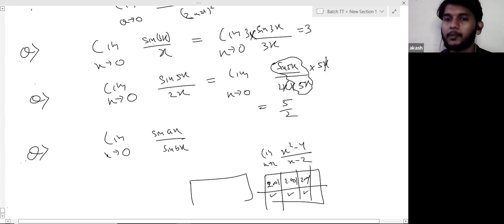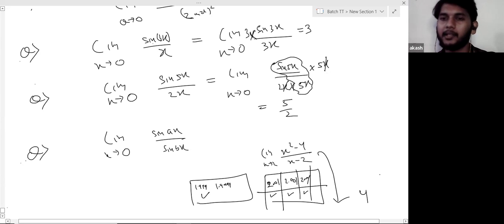Then we make another table: put 1.999 and see what value we get, then 1.9999. We calculate the whole quantity x square minus 4 upon x minus 2, and we reach the point that both of these tend to the value 4. That is why we say this is the limiting value, not the exact value. You can understand this for the radian and degree questions also.